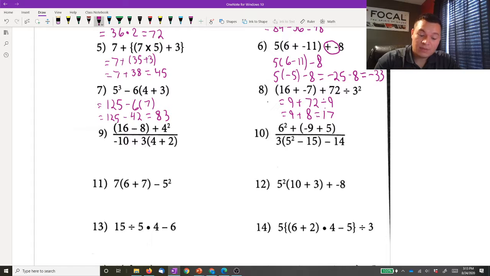Number 9. When you have multiple parentheses, you should do everything on the top first, then do everything on the bottom, and then simplify from there.